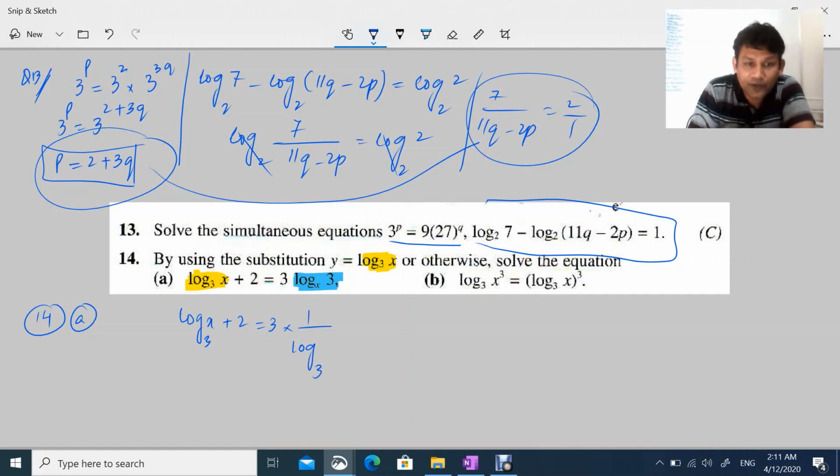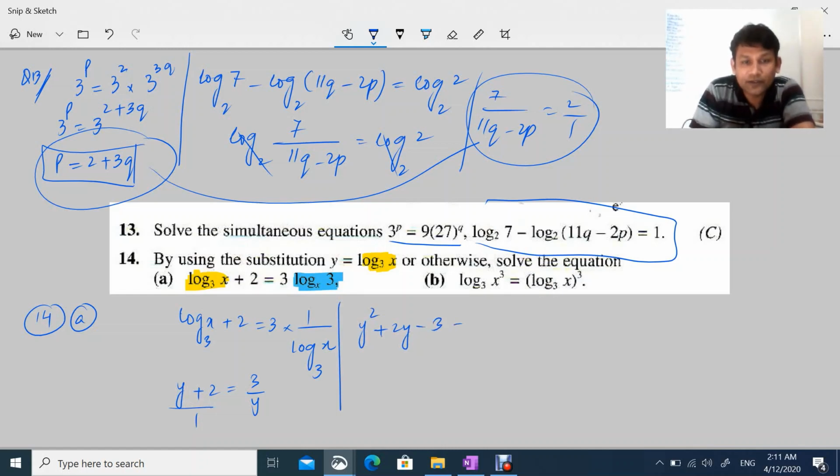This will become 3 and this is x. Now log 3 x is y, so I can write y here and y here. So y plus 2 is equal to 3 upon y, and now we have a quadratic. By cross multiplication, we get y squared plus 2y is equal to 3.